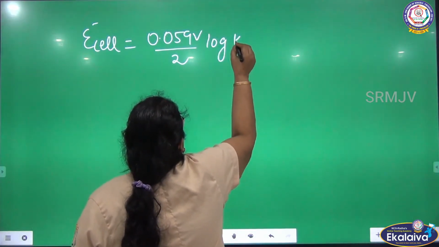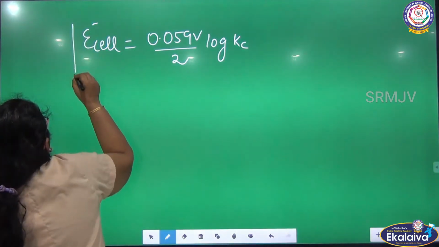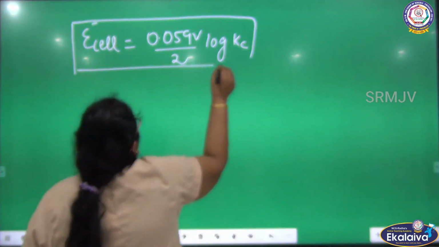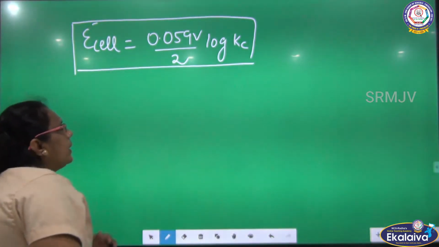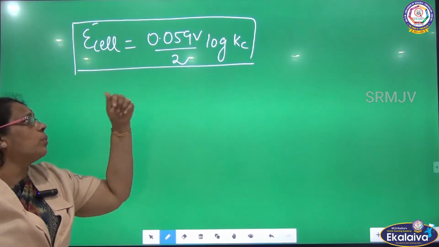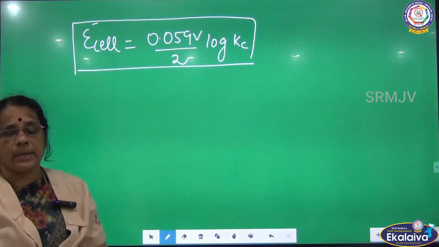This is the equation, this is the formula. From this formula we are going to find out Kc.